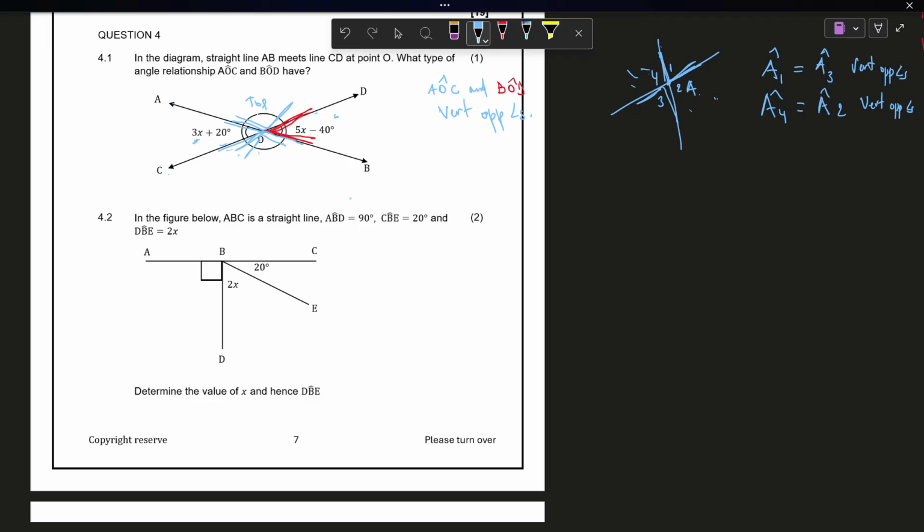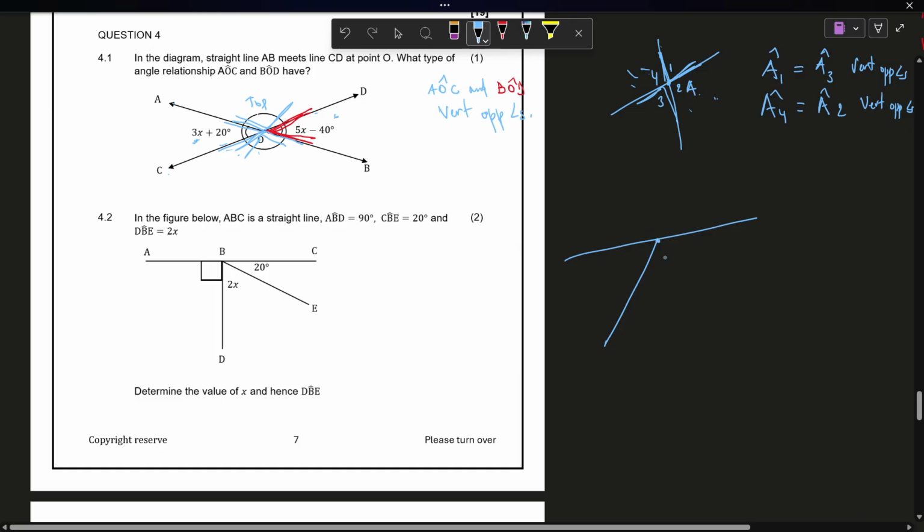Okay, great. So let's move to the next one, 4.2. We've got the figure. Here, just a quick reminder. When you have a straight line like this and you cut it with any other line, it forms a point here, right?